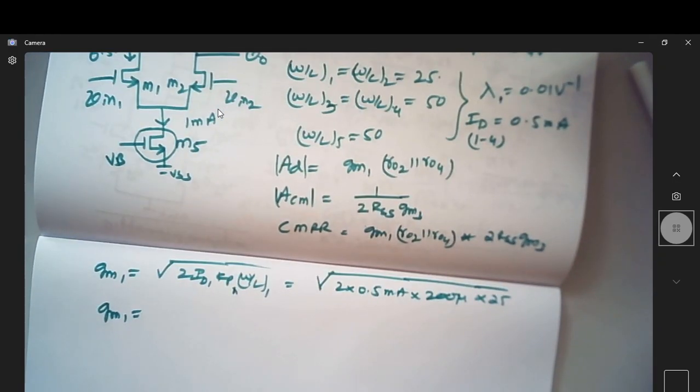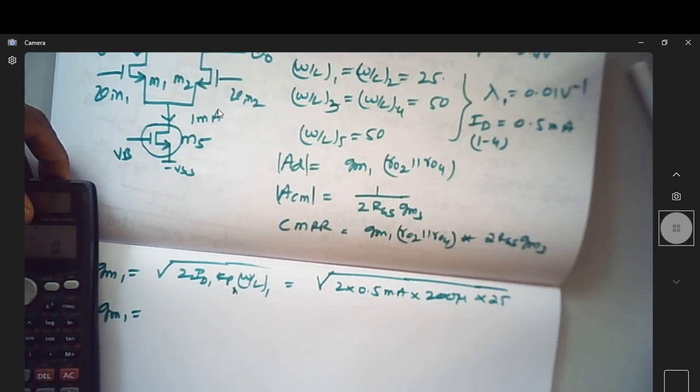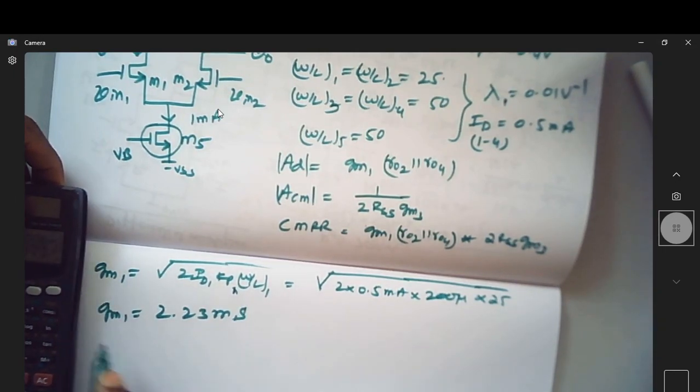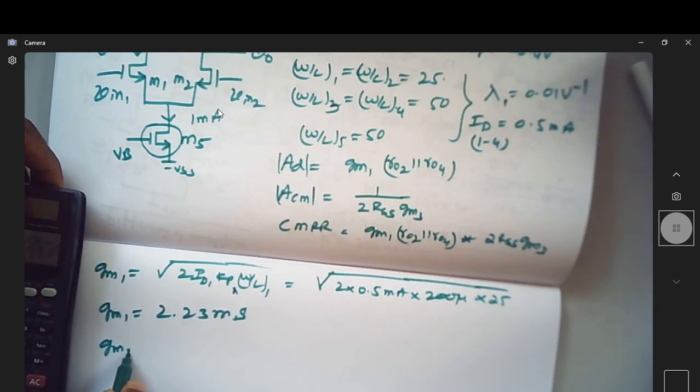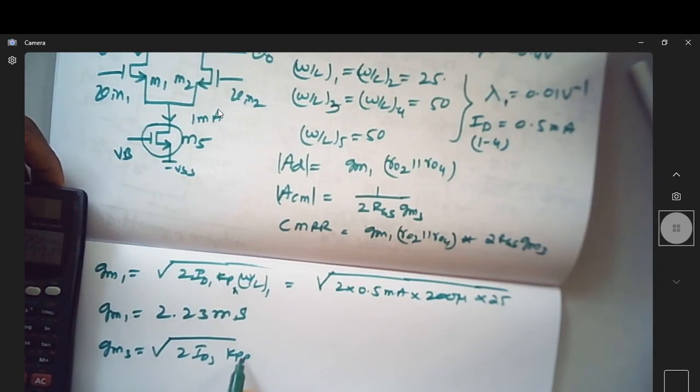GM1 is equal to the square root of 1 exponential minus 3 into 200 exponential minus 6 into 25. So it is now 2.23 millisiemens. How much is GM3? GM3 is nothing but the square root of 2 times ID3 Kp of P W by L of 3.